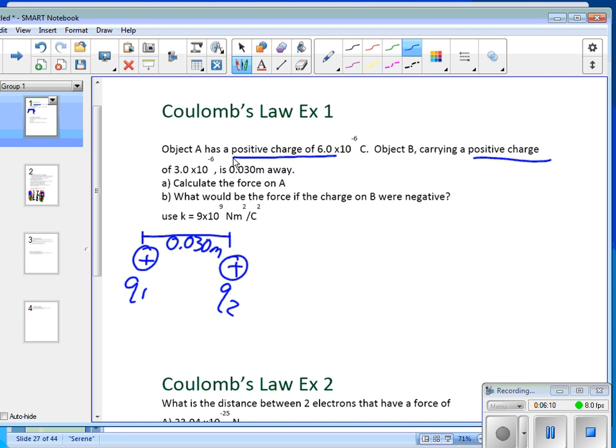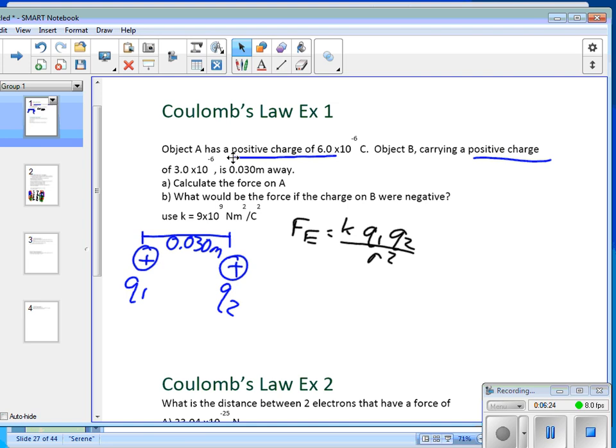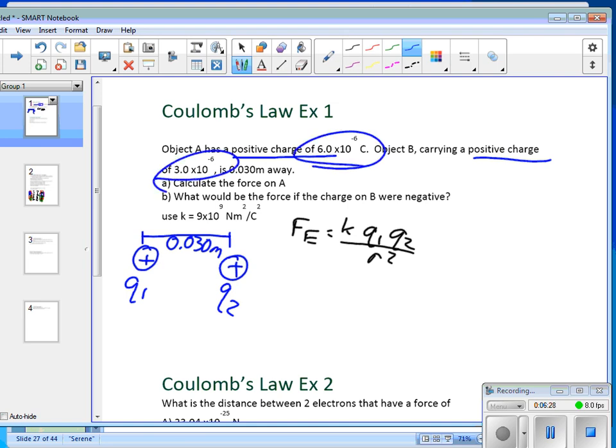We are going to use our standard Coulomb's law equation. Electric force is equal to K Q1 Q2 divided by R squared. Well, let's see. Here is Q1. Here is Q2. I can plug them in.